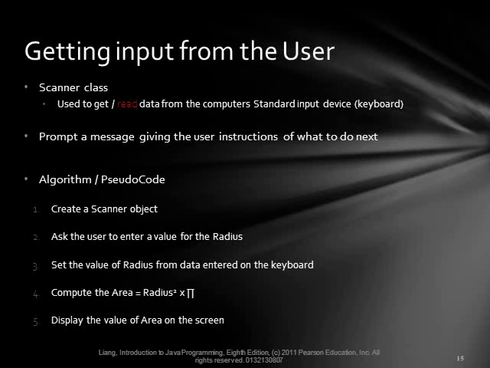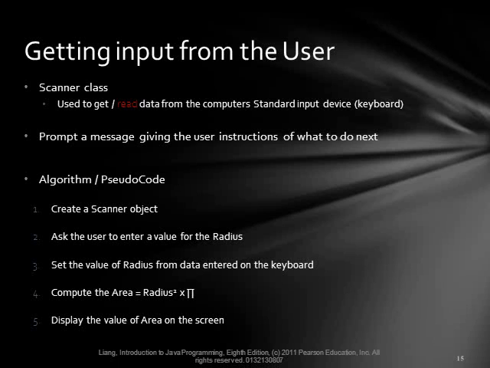So we need to prompt the user to enter a value for radius. Once we have prompted the user for radius, then we can read or get the value that the user has entered, so we can get a value for radius. Then we're ready to compute the area, and then we are ready to display the area.